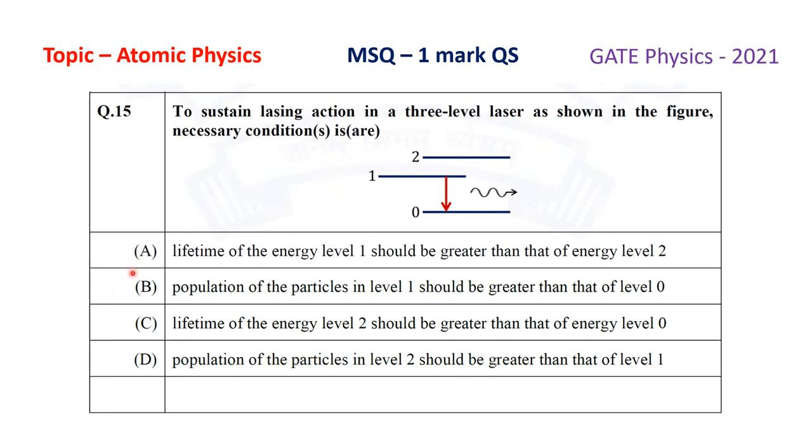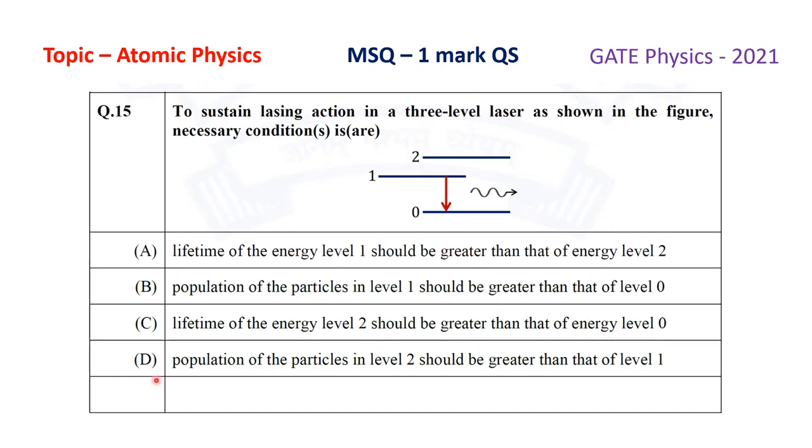Option A, lifetime of the energy level 1 should be greater than that of the energy level 2. Option B, population of the particles in level 1 should be greater than that of level 0. Option C, lifetime of the energy level 2 should be greater than that of the energy level 0.